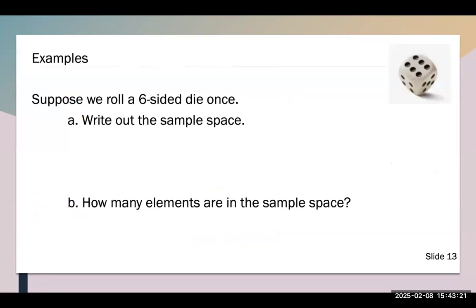Let's try a new example. Suppose we roll a 6-sided die once. Let's write out the sample space. What are all of the different possible outcomes that could occur when we roll a 6-sided die once? Well, we can land on the number 1, we can land on the number 2, 3, 4, 5, or 6. So there are 6 elements in the sample space.